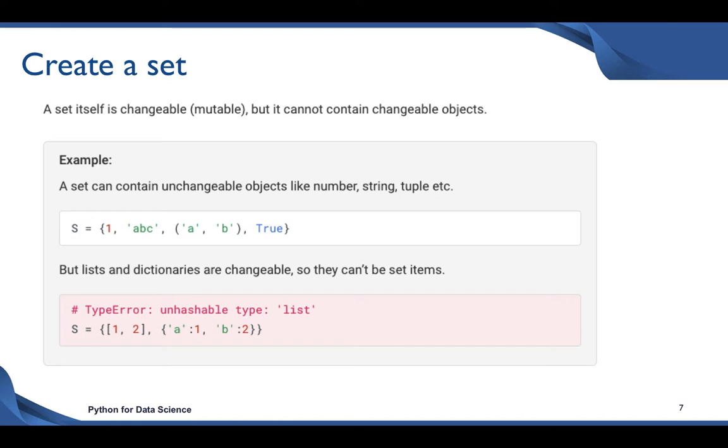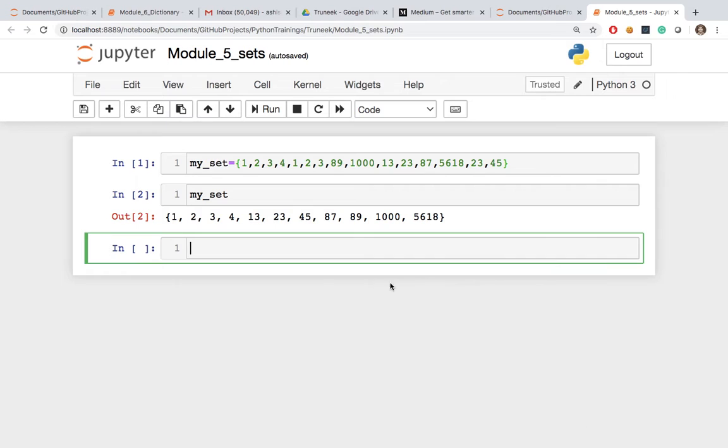A set is itself changeable, that is mutable, but it cannot contain changeable objects. So we could have immutable data types, that is numbers, strings and tuples, but we cannot have dictionaries or lists inside a set.